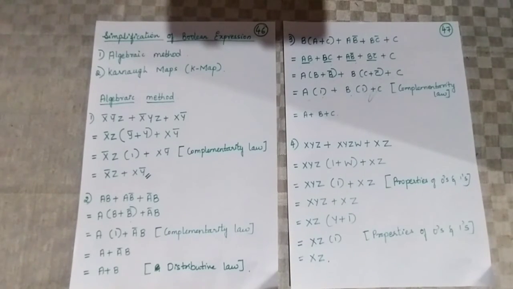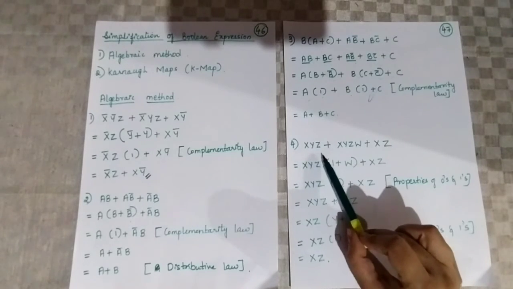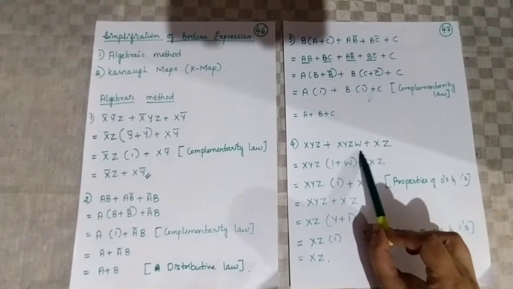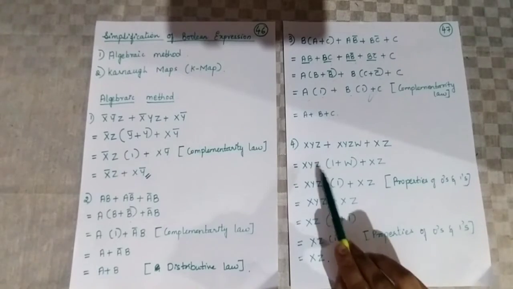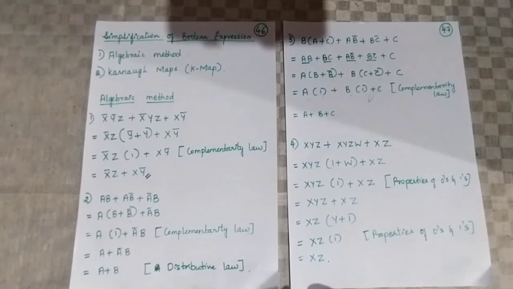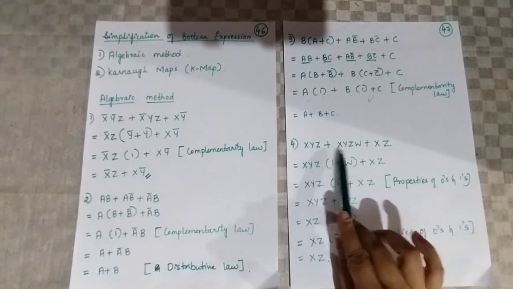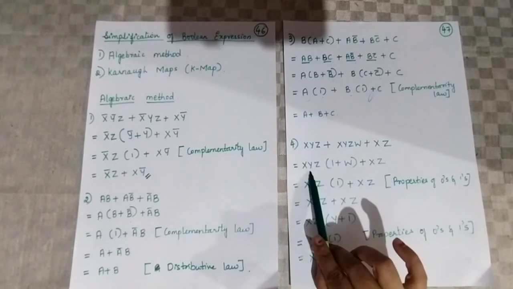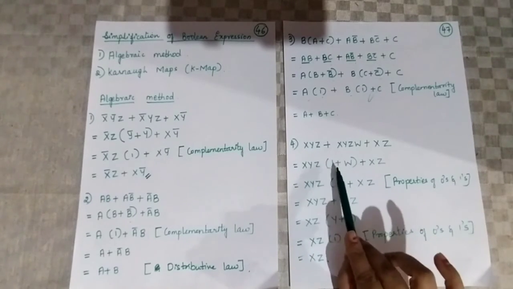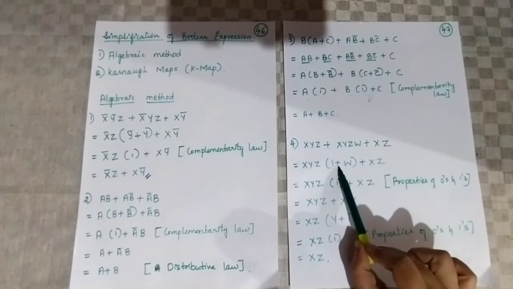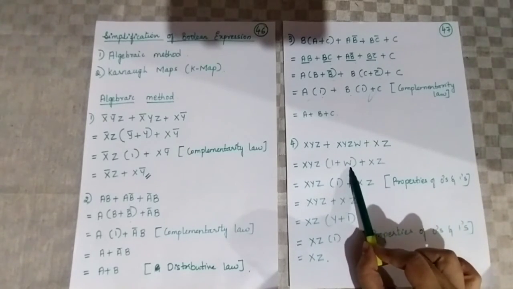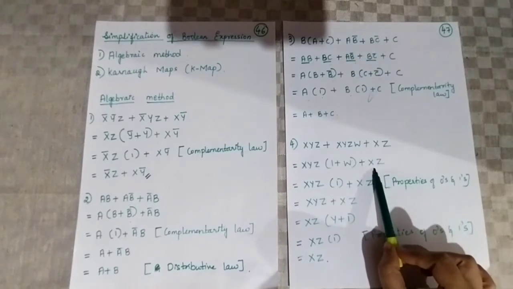Okay. So now moving on to the next example, XYZ plus XYZW plus XZ. Now under this particular expression, check these first two terms. So in these two terms we have XYZ common, so you take it aside, say 1, here nothing is left out, so we are writing 1, plus you have W plus XZ.